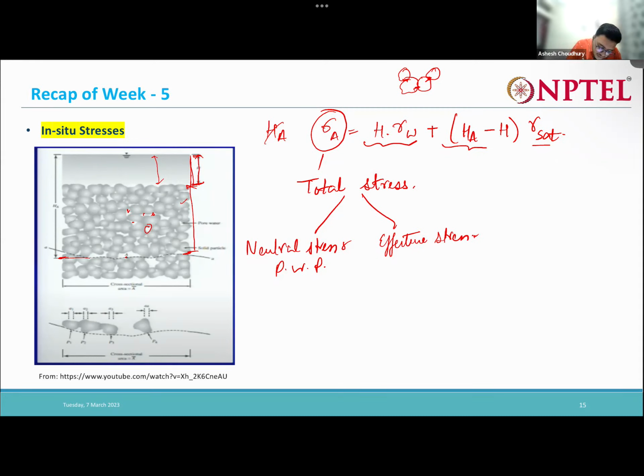The other part of the load is carried by the water, so that is not our concern. What governs the strength of the soil is our effective stress, because this is where the soil grains come into the picture. That's why this effective stress is most important, and all the concepts of soil mechanics, the strength concept, the shear strength, everything is based upon this effective stress concept.